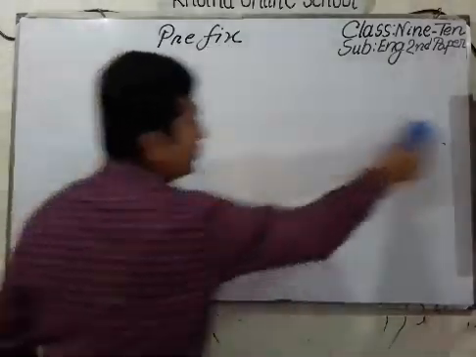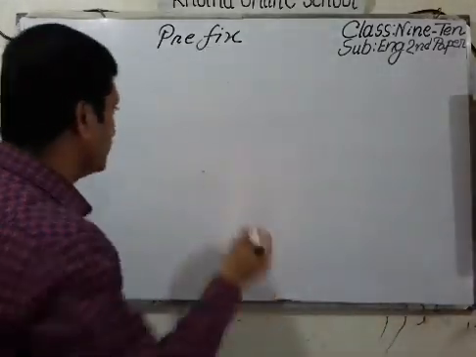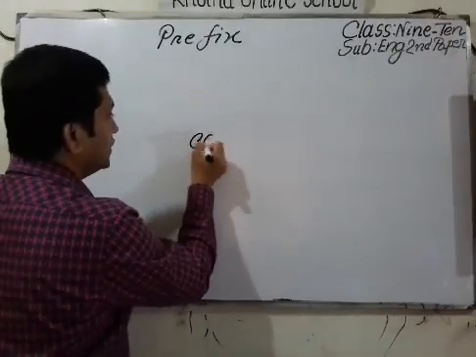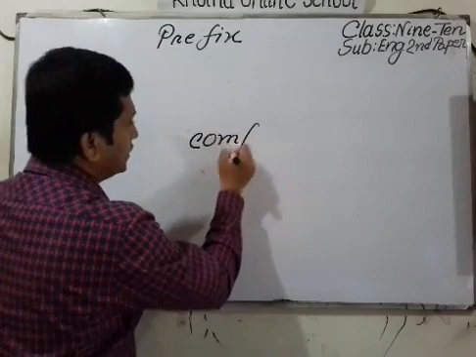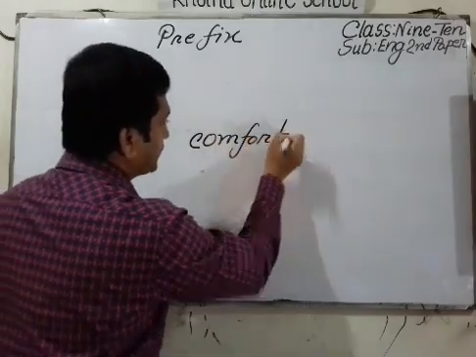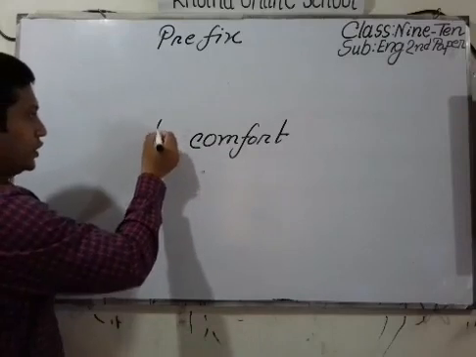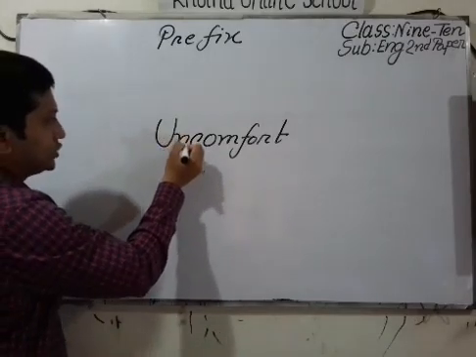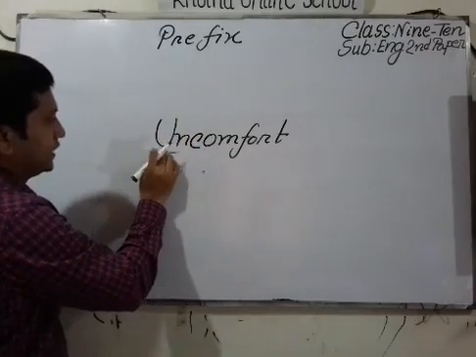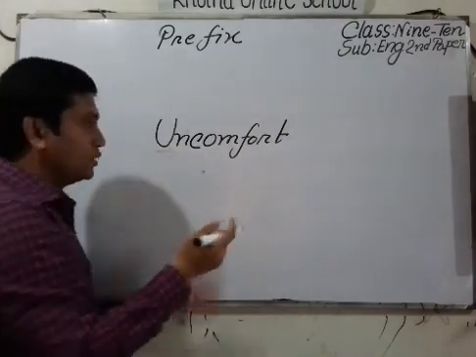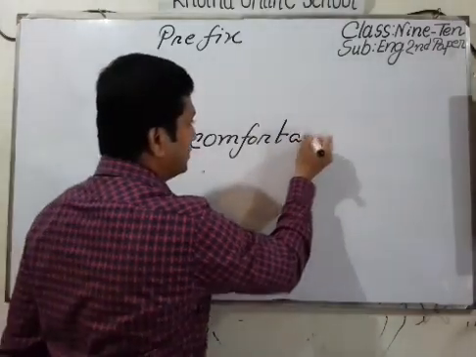I have a word just in the middle of the board. I write here a word, comfort. Okay. You can add un, and at the back we can also add able.